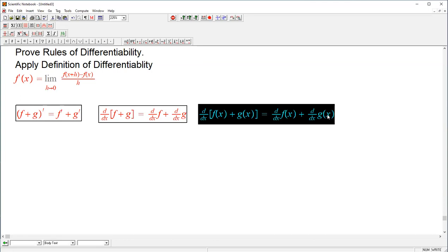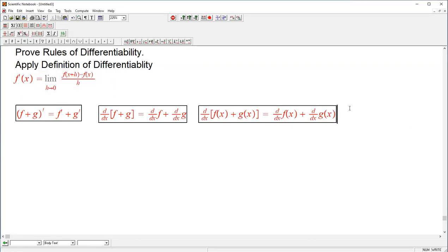The last one, they all mean the same thing, but this latter notation is more specific: derivative with respect to x. So it's reflected in this case. This notation can be written as the derivative of the function with respect to x.